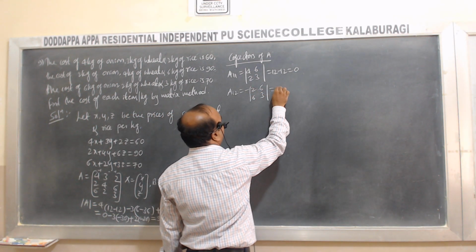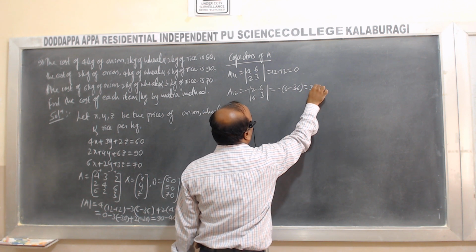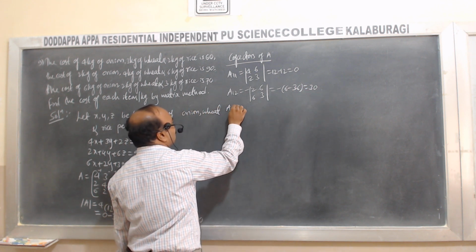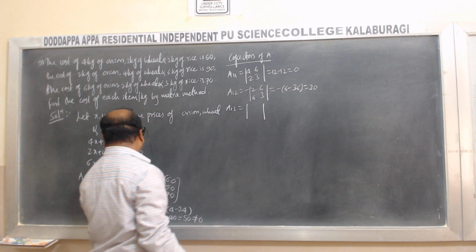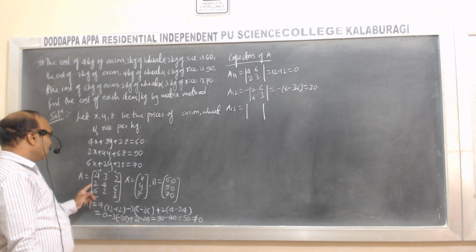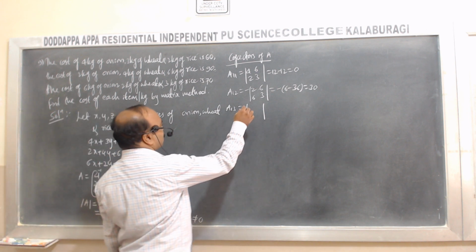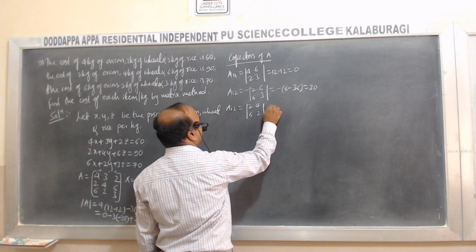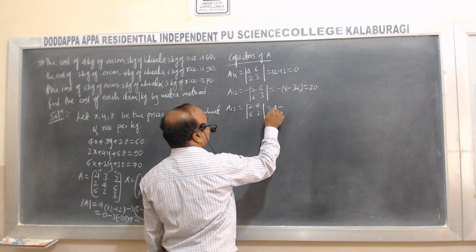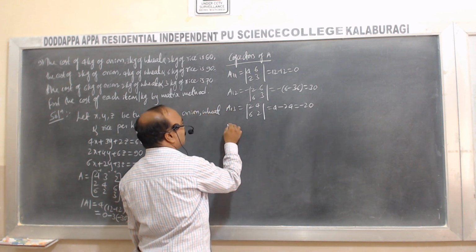So I get minus of 6 minus 36, it is 30. Next A13, the determinant of, deleting this column and row, we get 2, 4, 6, 2. So it is 4 minus 24, it is minus 20.